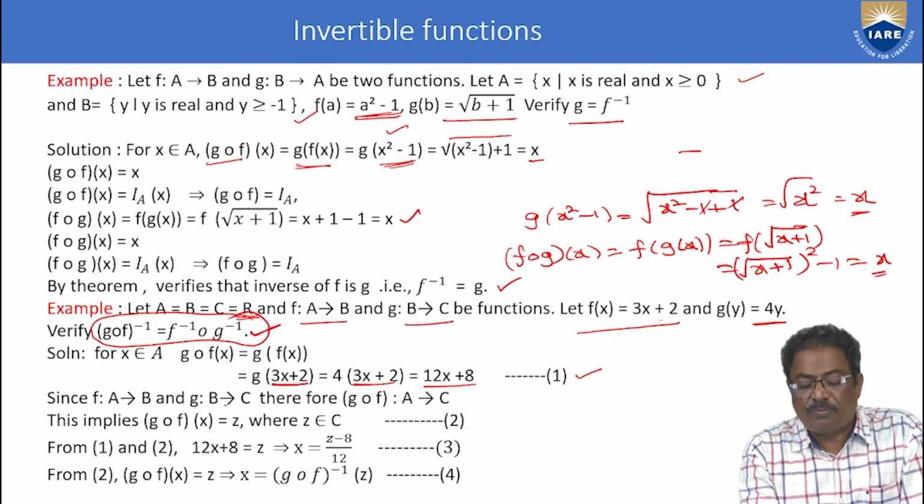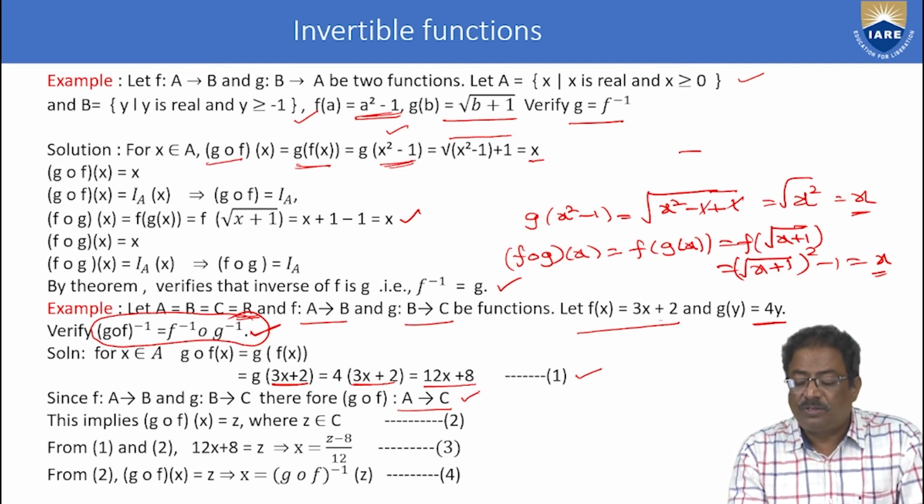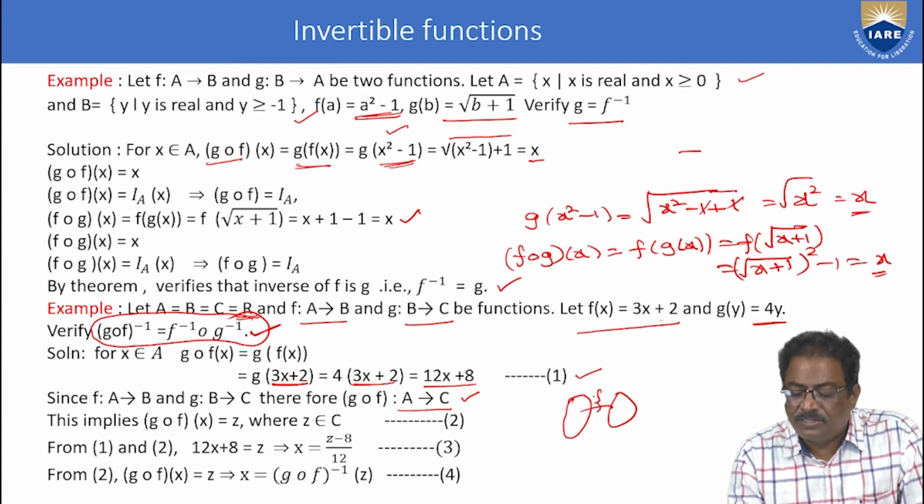Since f is from A to B and g is from B to C, g∘f is from A to C. It is obvious.